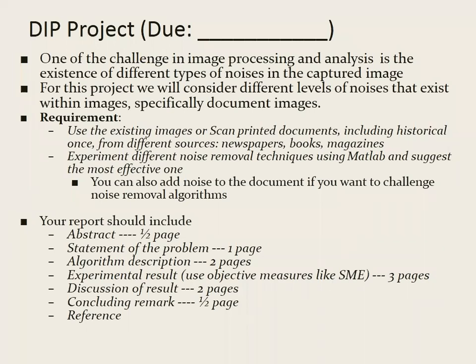Then finally, after testing, you have to identify the optimal filtering technique or combination of filtering techniques. Mostly we have to identify a combination of filtering techniques. When we are identifying, maybe we have to add more noise, or maybe we are expected to binarize the image as per the given instruction.